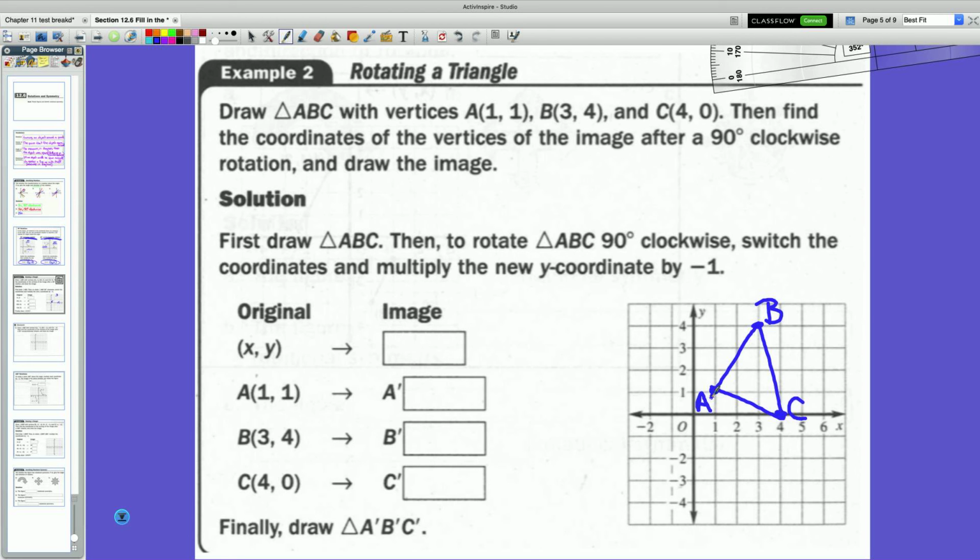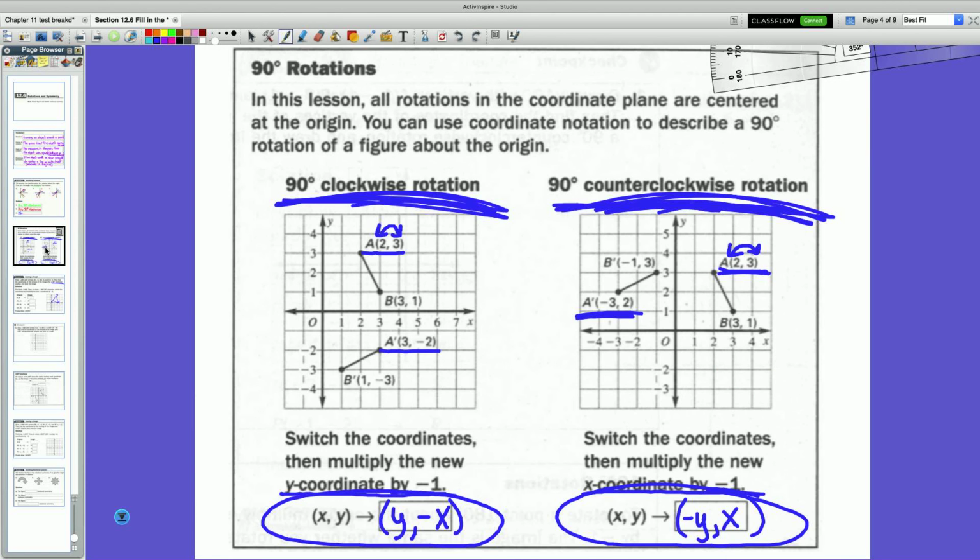Boom. Then, find the coordinates of the vertices of the image after a 90-degree clockwise rotation and draw the image. So I drew the original. Now, it's 90 degrees clockwise. So I look back at my notes and I say, what's the formula for that?